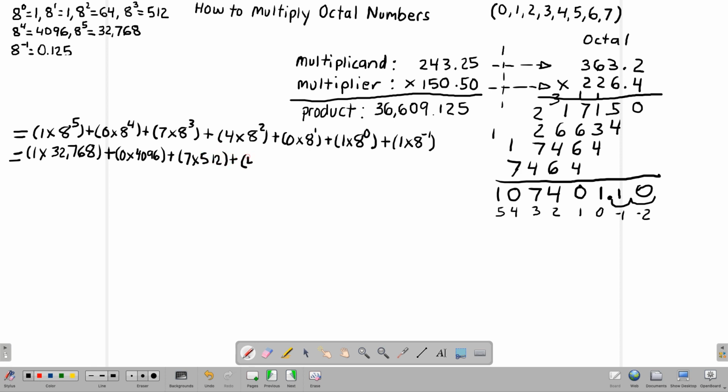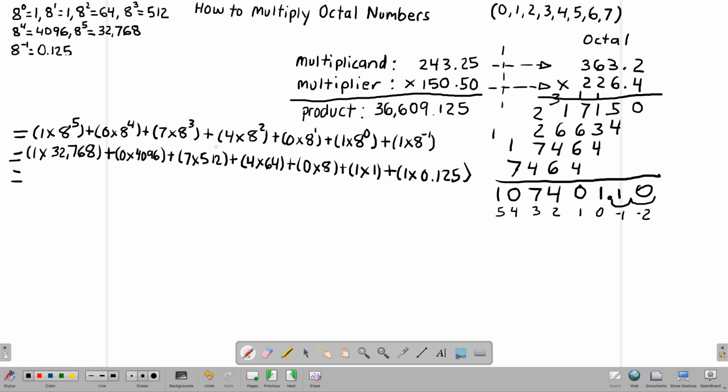And then we have 4 times 8 to the 2nd power, which is 64. And then we have 0 times 8 to the 1st power, which is 8. And then we have 1 times 8 to the 0th power, which is 1. And then we have 1 times 8 to the -1 power. We say that value is 0.125.